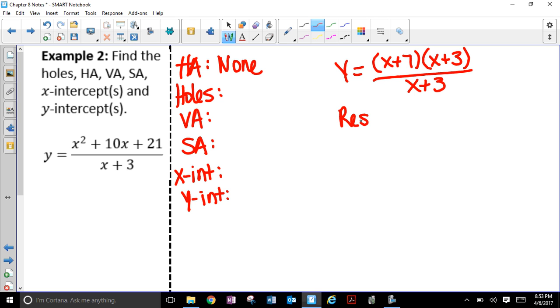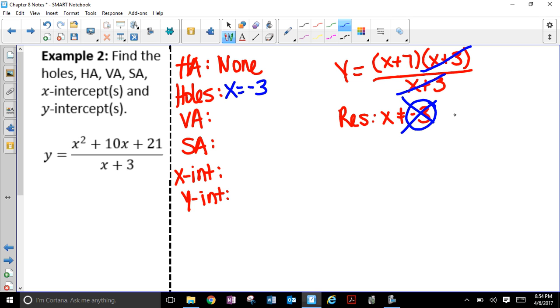Restrictions are x cannot equal -3. Okay, so then we can cancel out the plus 3's. And when you can cancel out, that creates a hole. So that means that this x equals -3 is a hole. And then I'm going to cross it out because I've already used it.